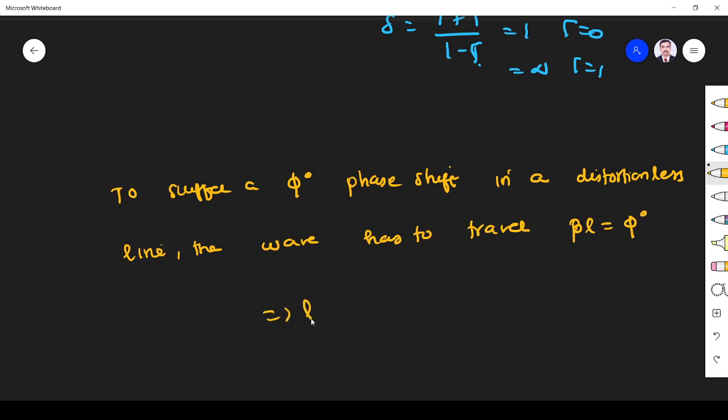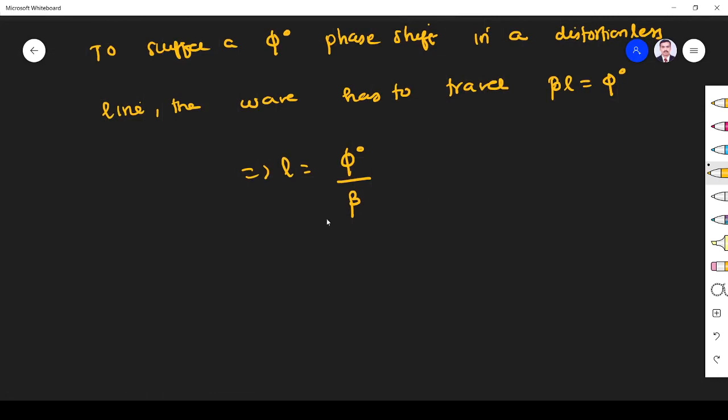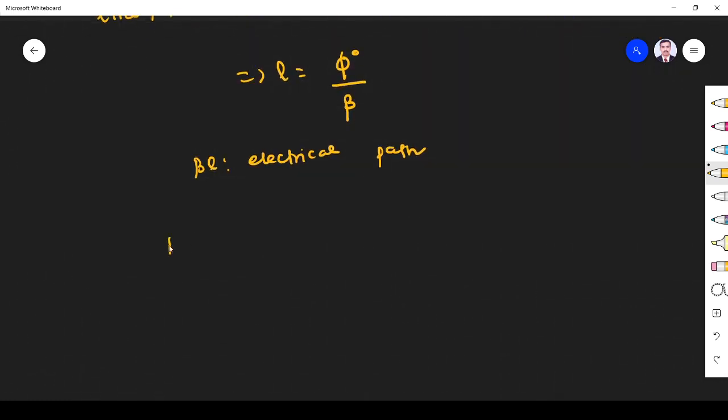This implies L is equal to 5 degrees divided by beta. L is a length, so beta L is the electrical path length. We know beta is the phase constant, and the phase velocity Vp is given by omega by beta, which is equal to 1 by root of mu epsilon. This is another thing we have to know.